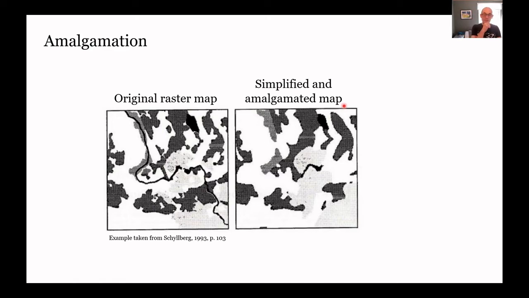We can do amalgamation when we do a kernel analysis and we go by the mode rather than the average. We look at the mode and see what's the most common existing class within that, and that gets rid of the minor classes in a particular kernel, and then move the kernel over and do the same thing again, and get rid of some of the noise, the smaller details.